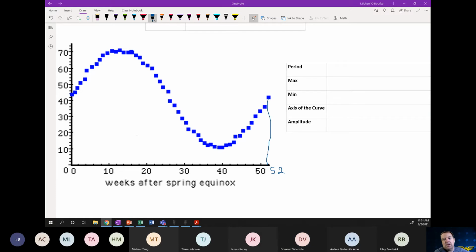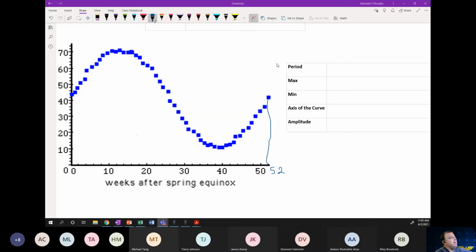Mr. O, for the min, would the answer for min be 40 or 10? 10. That's the minimum value, right? That's the lowest point on your graph. True. Okay, good question.